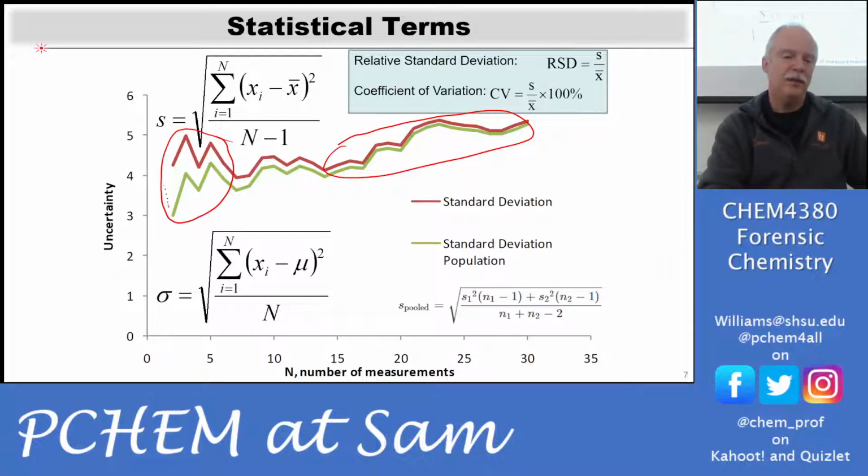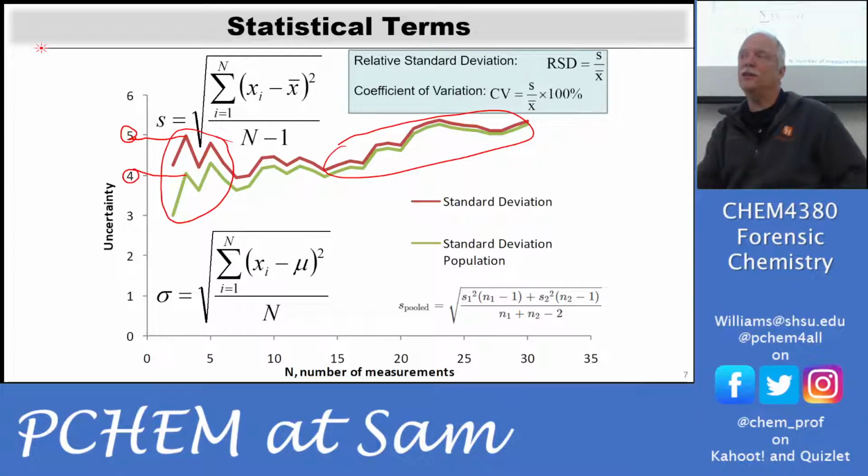So let's say we did 3 measurements here. Our uncertainty is around 5, whereas this one it's around 4. If 4 is your baseline, then 5 is like 25% higher. Okay, so that's a large difference.